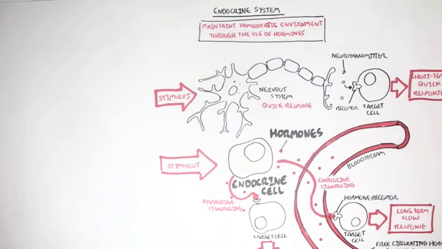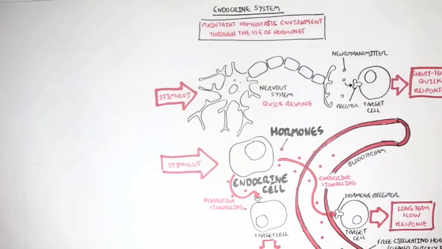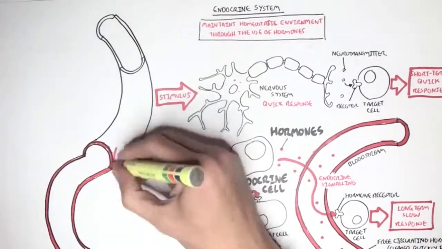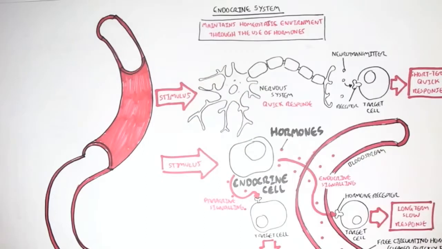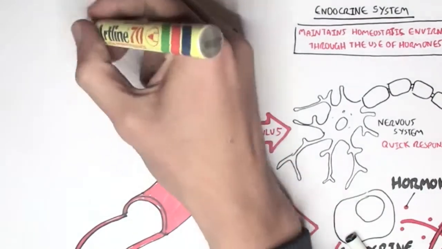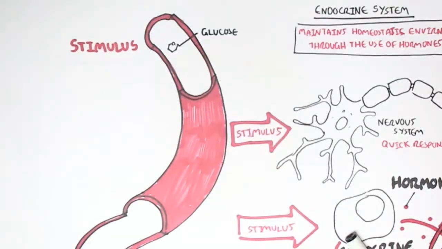Okay, now that we know a bit more about hormones, these signaling molecules, let's look at an example of an endocrine response. A good example is to look at blood glucose. Here in the bloodstream, we have low glucose levels. And this is not very good because we need glucose.